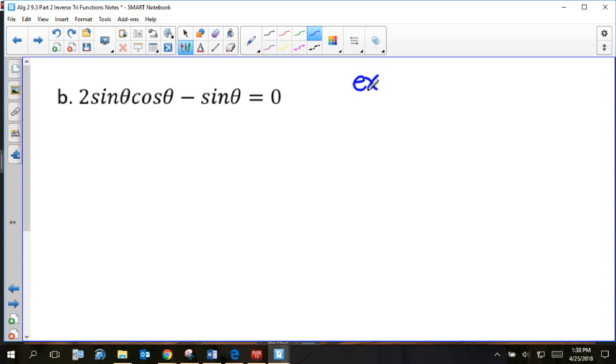Let's say, example, how would I solve something like this? If I'm ignoring the sines and the cosines, I'm just looking at something like this, okay? How do you solve something that has a squared in it?